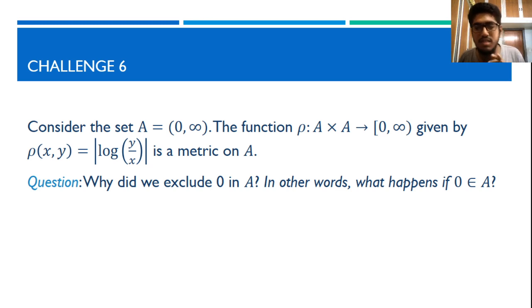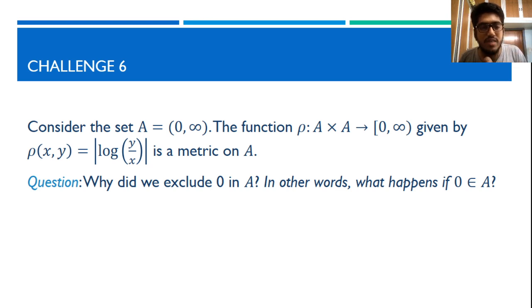I'm making a statement that this is a metric on A. I'll leave it to you to verify whether this is true or not. But for now, take it as a fact and make a note of it, because this is a really interesting example. It turns out this works as a metric on this particular set.